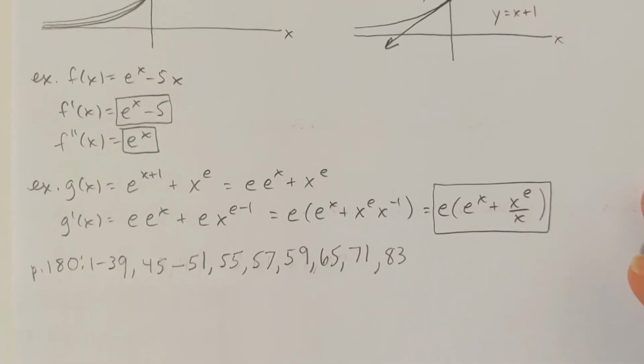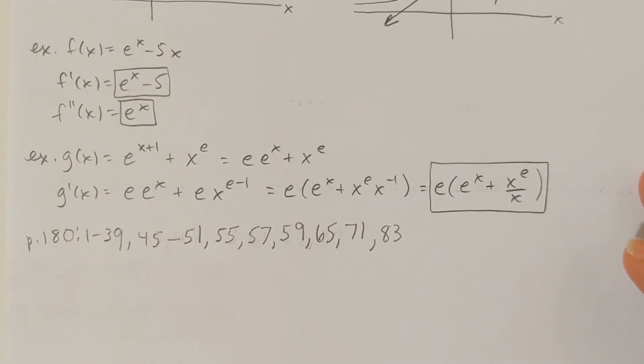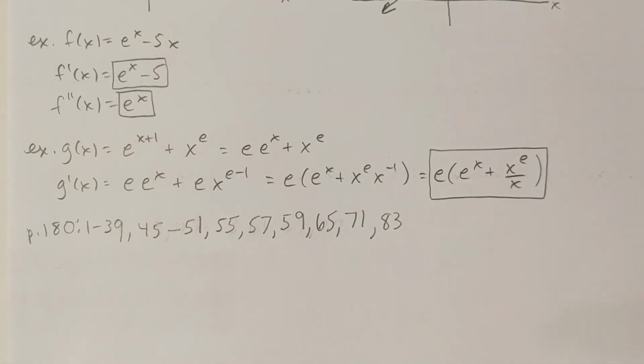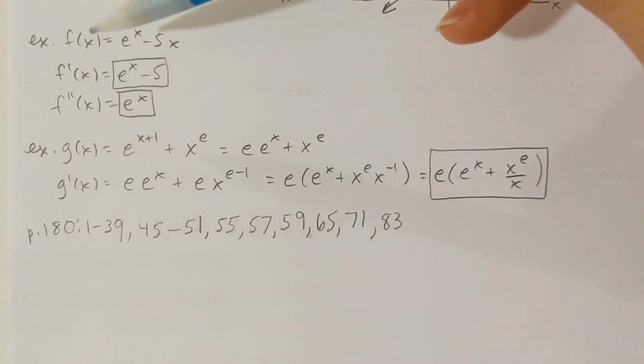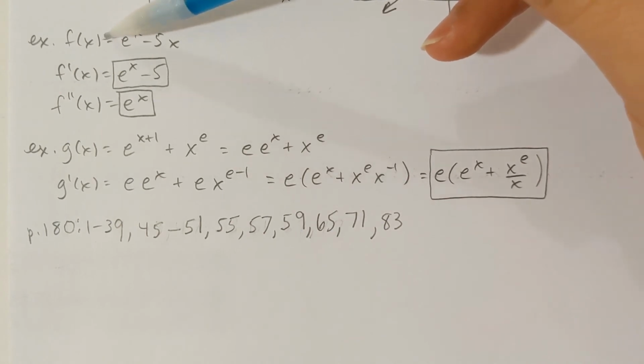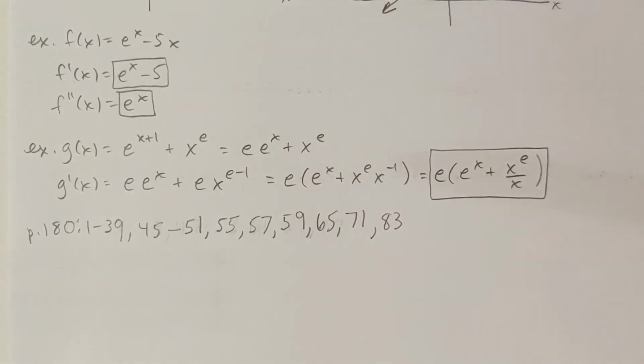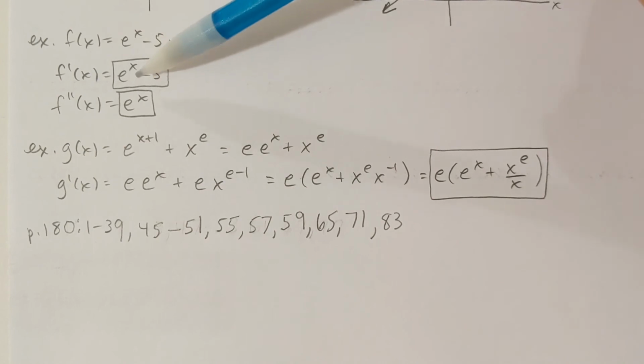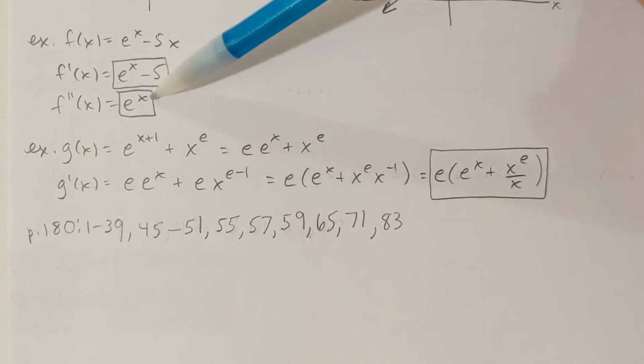There are lots of different other ways that we're going to look at the number e all throughout the course, like I said. All right, now let's suppose we have this function f of x equals e to the x minus 5x, and we want to find the derivative. Well, the derivative of e to the x is itself, e to the x. Derivative of negative 5x would be minus 5. If we want to find the second derivative, the derivative of e to the x is itself e to the x.